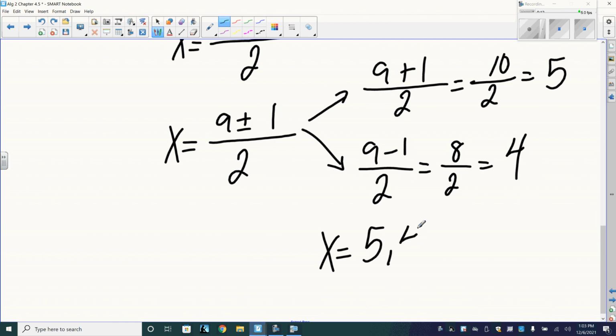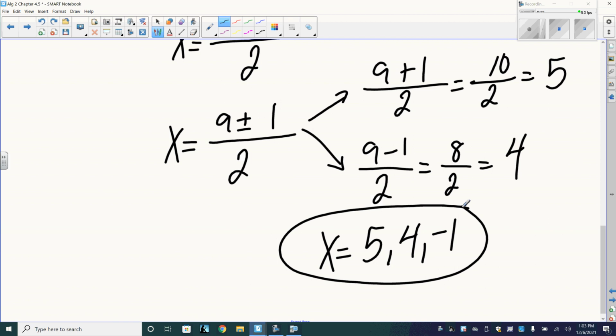So 5, 4, and negative 1 would be the solutions for this here. Now, are 5 and 4 part of our rational zeros that we got in that list? Well, yeah, all the rational zeros would be there.